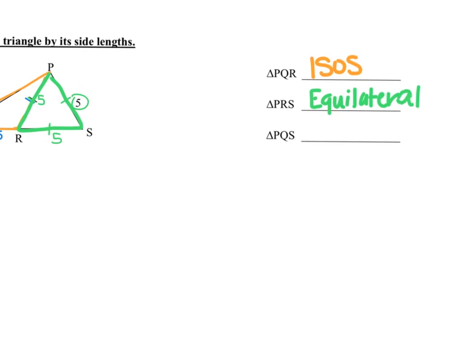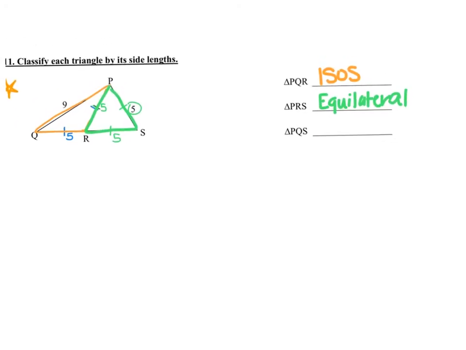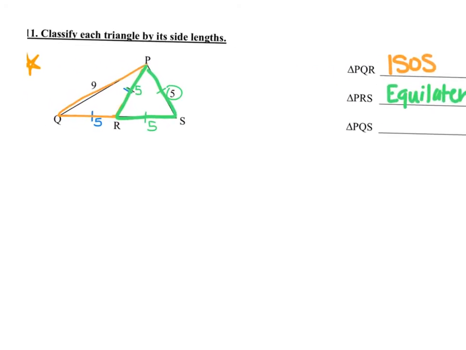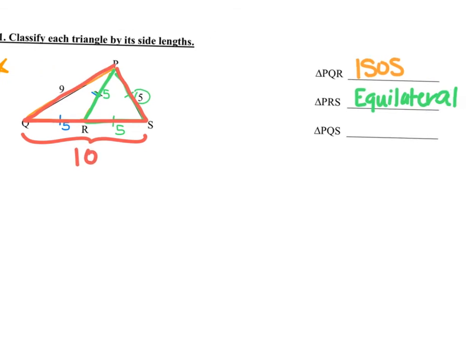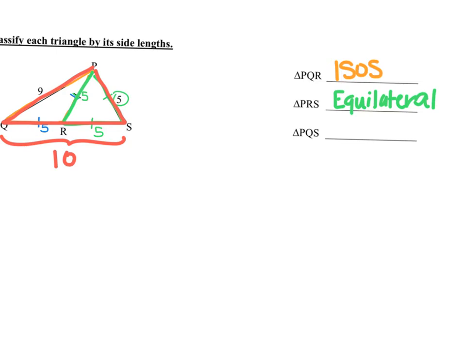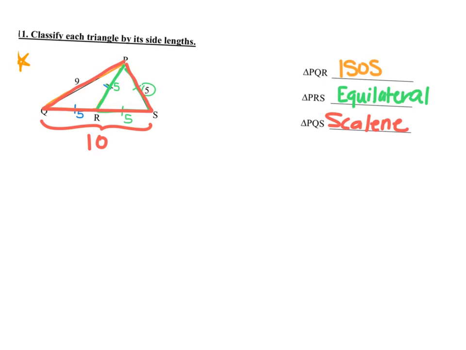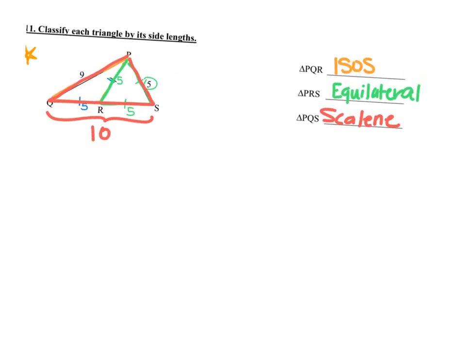My favorite, PQS. Oh, so PQS is this whole entire triangle. Okay, this whole side is 5 plus 5 is 10, 9, and 5 are my sides. They're all three different, so it means I have a scalene triangle. Do me a favor, guys. Today in class we did one in our notes. I don't remember which number it was, but it was a very similar diagram. Go back and take a look at that tonight. Okay. And let's move on.